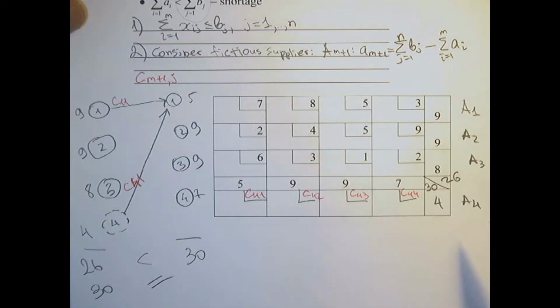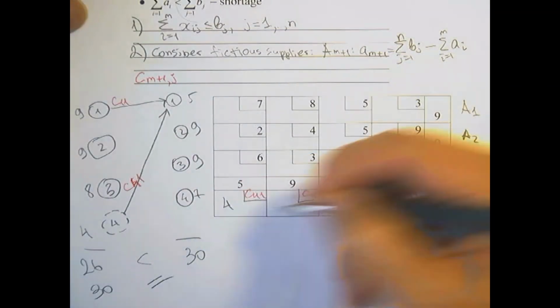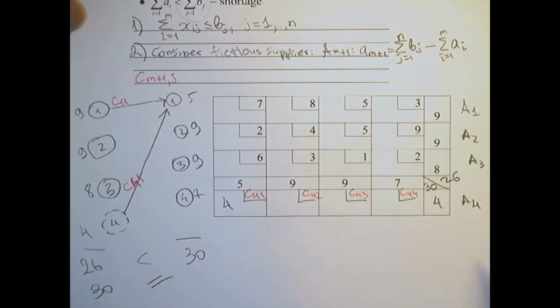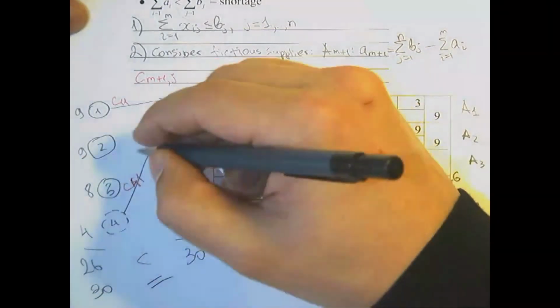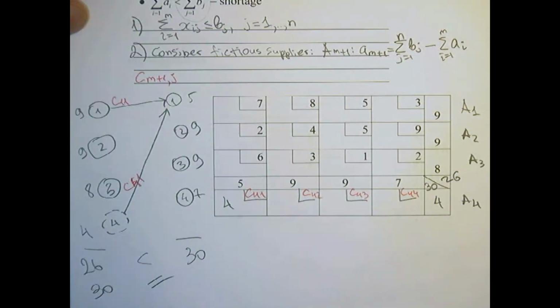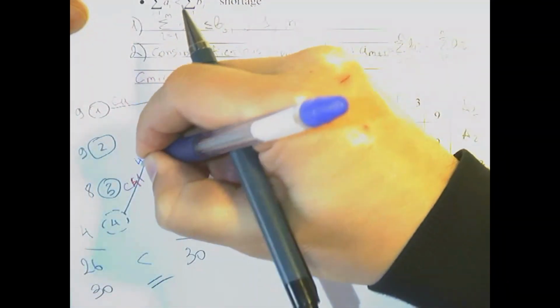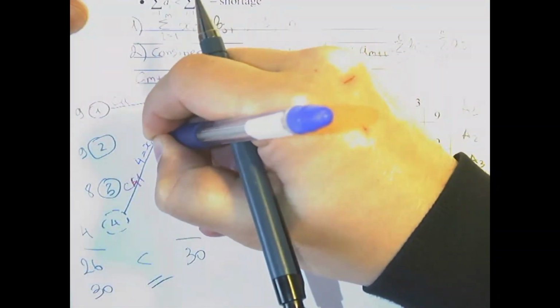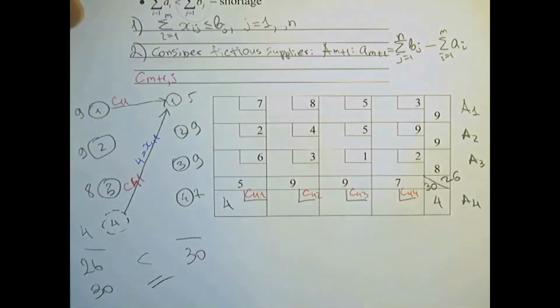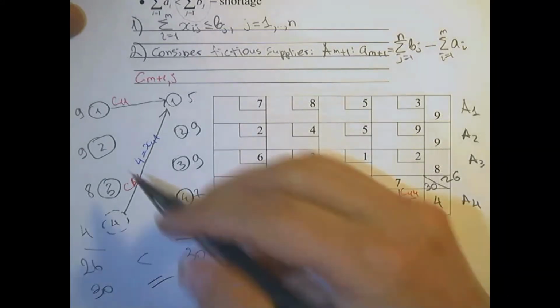in which, for instance, there are 4 Chocoboxes here. So our fictitious supplier delivers 4 Chocoboxes to our customer number 1. It is x41. What does it mean? How may we explain this volume?